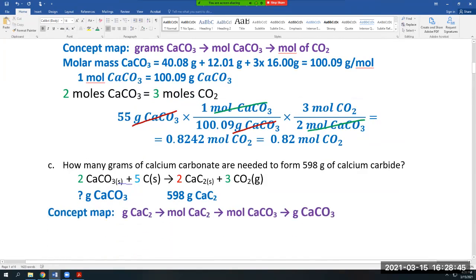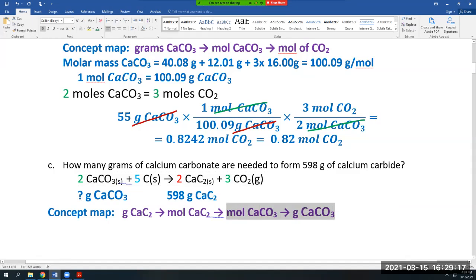Because we start with grams of calcium carbide, we will need to change those grams of calcium carbide to moles of calcium carbide using the molar mass of calcium carbide. Then we can use the chemical equation to change the moles of calcium carbide to moles of calcium carbonate. And once we have our moles of calcium carbonate, we can go back to grams using the molar mass of calcium carbonate.